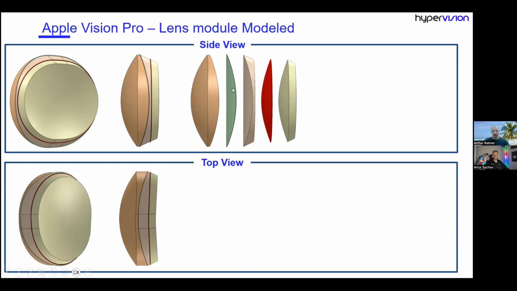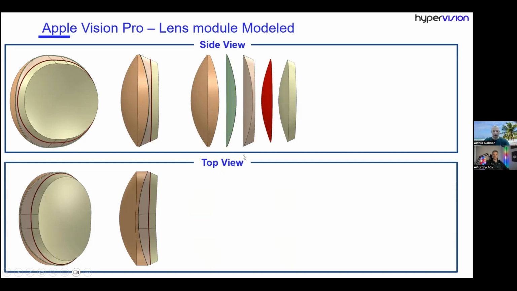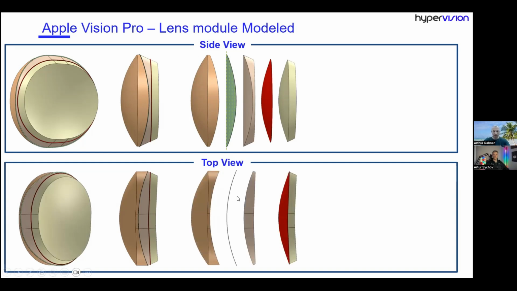The green one, what you see here, is a quarter wave plate retarder, and the red one is a reflective polarizer. Two elements required for a pancake lens. Now, if you look from top and make an explode view, we took first lens A, then a retarder, but when we look from top, it's not like when we look from the side. Then the second part of the first lens, and this is a reflective polarizer that could be laminated over an aspheric surface.